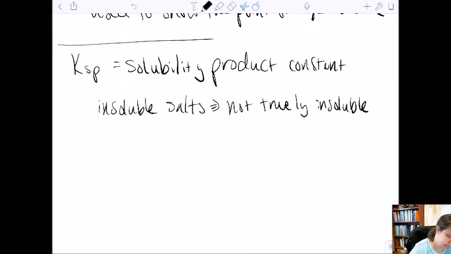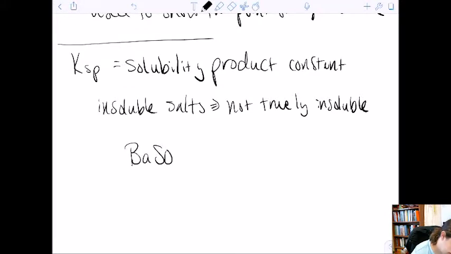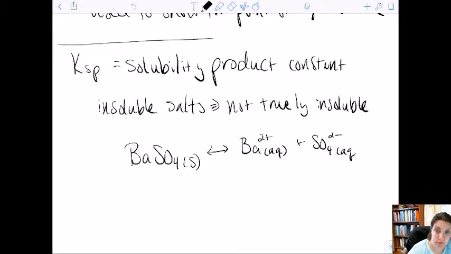So if we have something like barium sulfate, barium sulfate, when thrown into water, will be in equilibrium between its solid form and the dissolved ions.